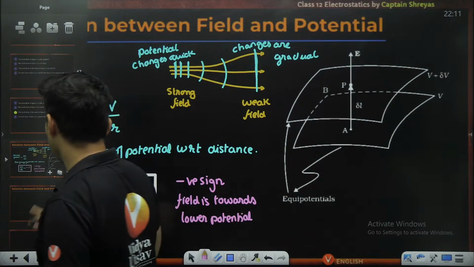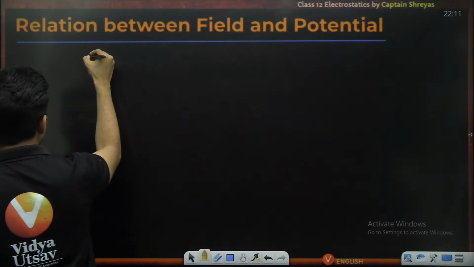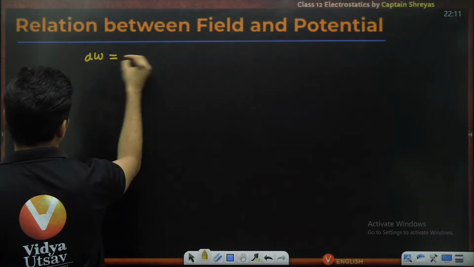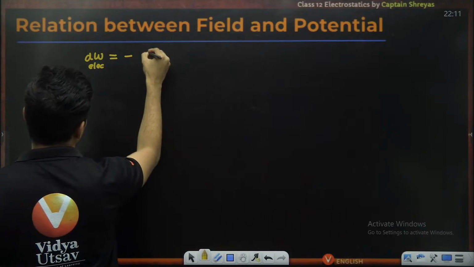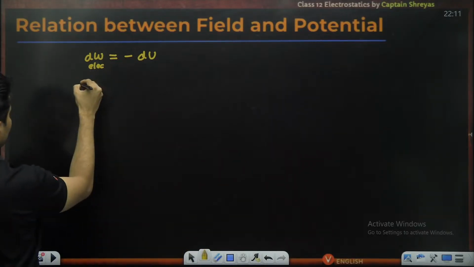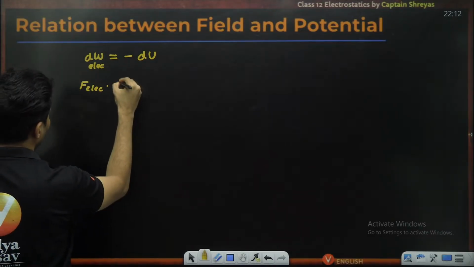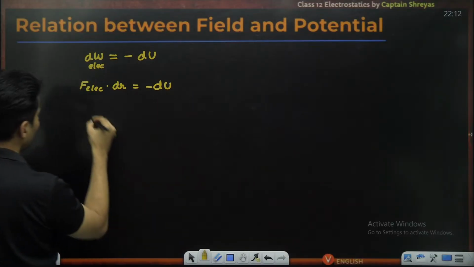If you ask me what the derivation for it is, it comes from this. The small work done by the electric force is the negative of the change in the potential energy, and this is nothing but the electric force times displacement dr, which is minus dU.